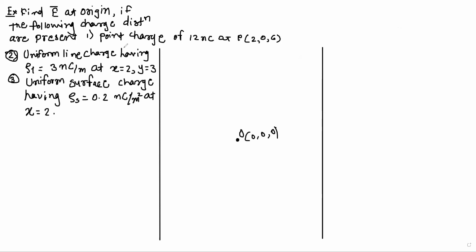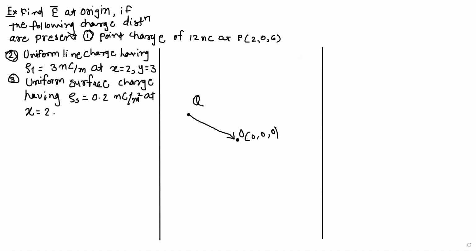Now, because of the following charge distributions present, number one, a point charge. So we know that around this origin there will be a point charge having so and so value, and we have to find this electric field.